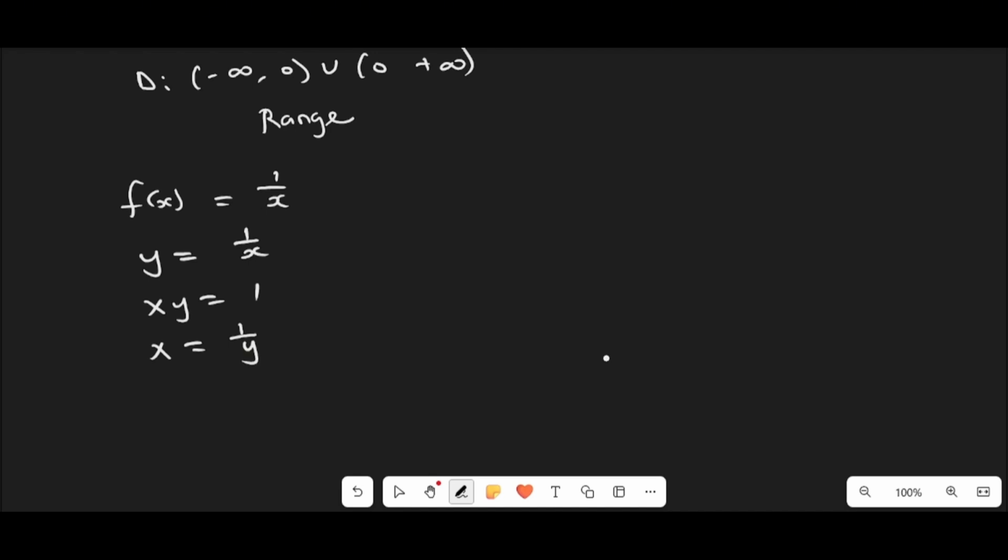Since the equation will be undefined for y equal to 0, the range is all real numbers except 0. So our range is negative infinity comma 0 union 0 comma positive infinity.